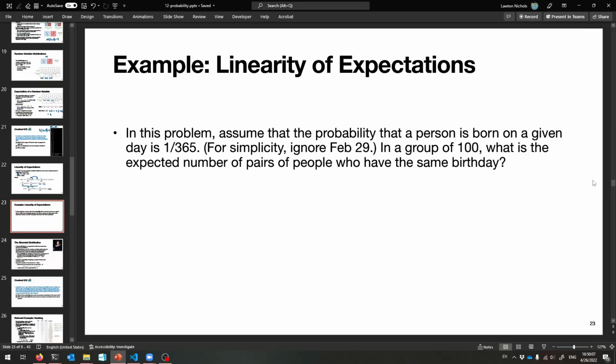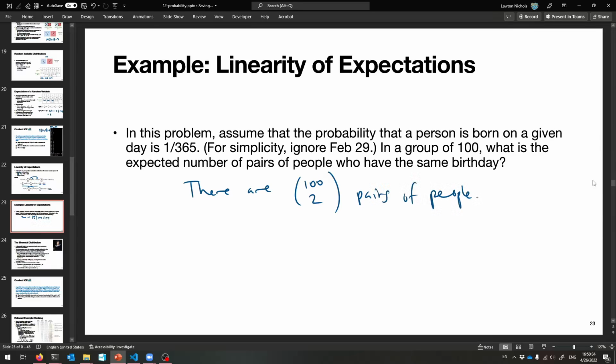Let's talk about how we would calculate this. What is the expected number of pairs of people who have the same birthday? So first of all, how many different pairs of people are there? Because that's something we usually have to divide by, yeah? So we have a group of 100. There are 100 choose 2, right? What are all the ways that we can take 2 people out of this group of 100? There are that many pairs of people, okay?